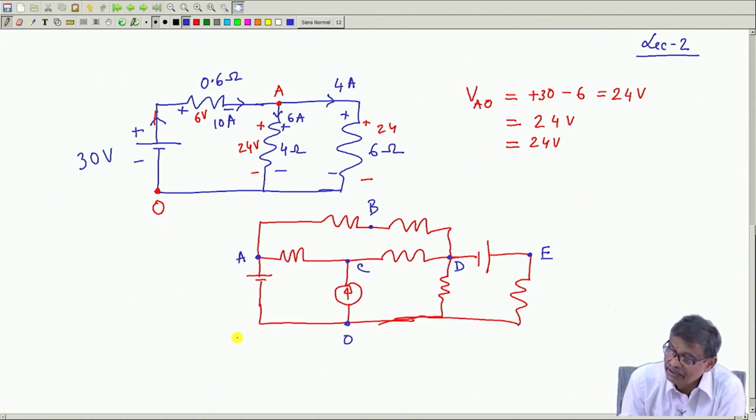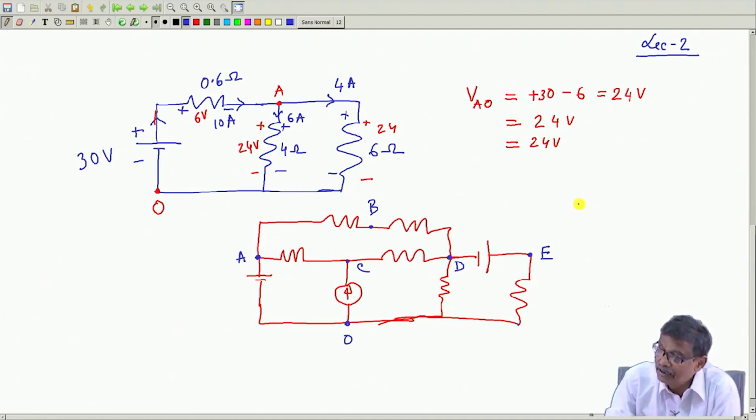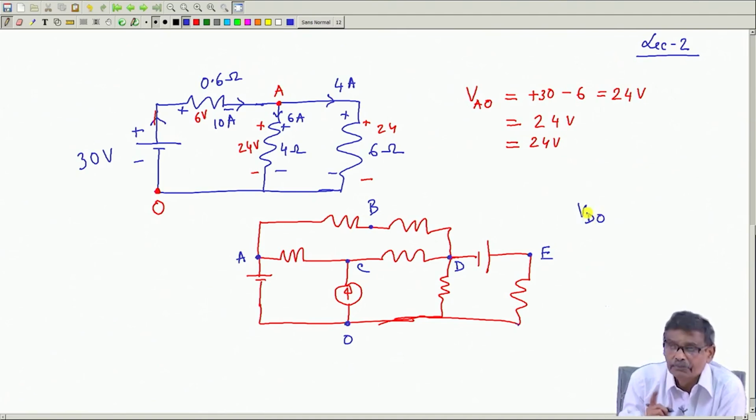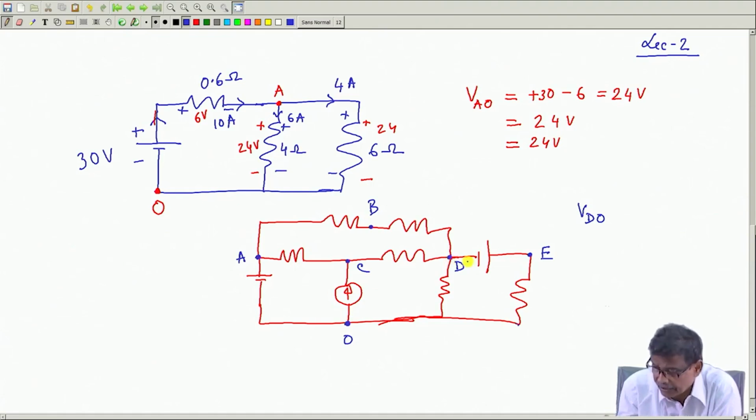If I ask you to calculate the voltage VDO, it has a meaning. To find VDO, the potential of D with respect to O, you start your journey from O and try to reach point D via any path you like.